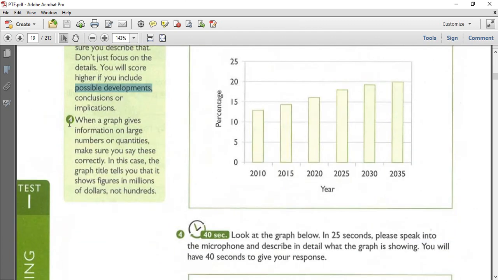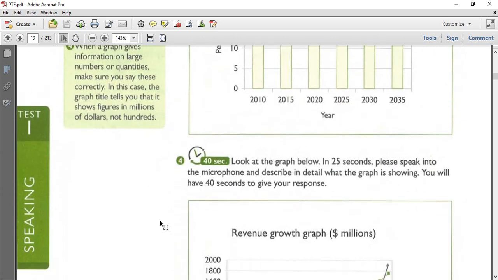Now let's go to the fourth graph. When a graph gives information on a large number of quantities, make sure that you say this correctly. In this case, the graph title tells you that it shows figures in millions of dollars, not hundreds.